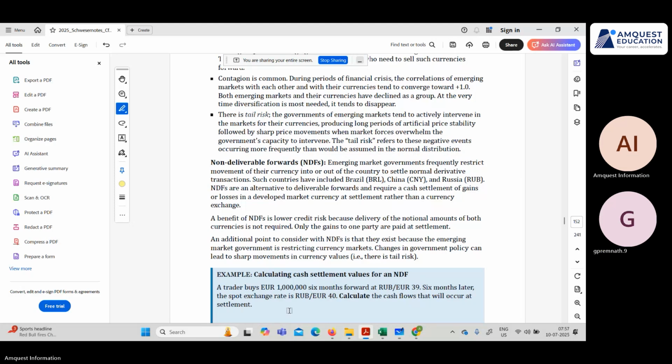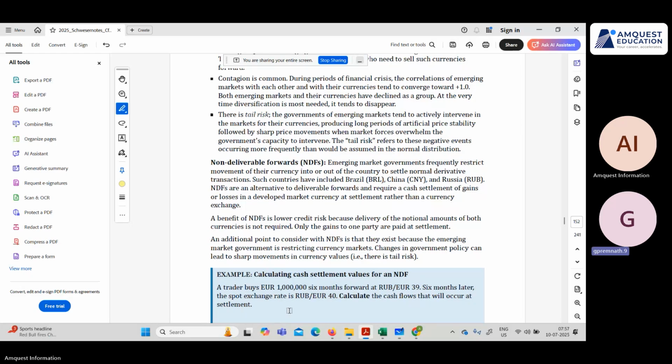Is it said to put it in USD? Do I need to convert it to RUB?